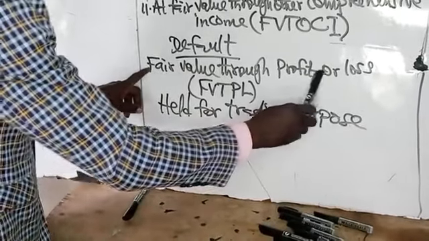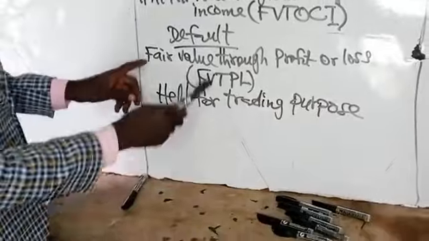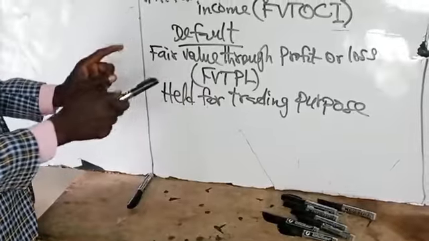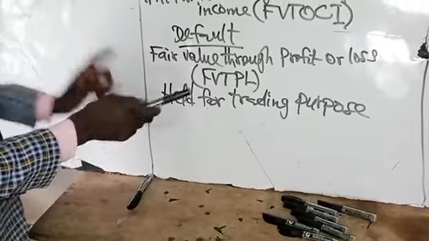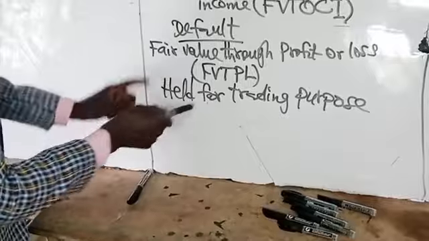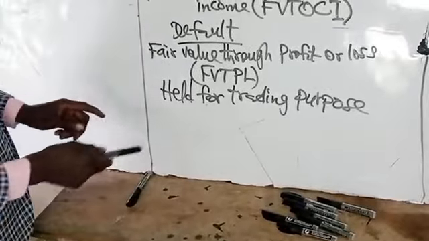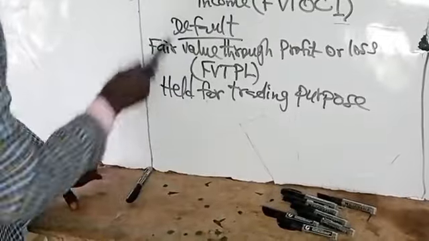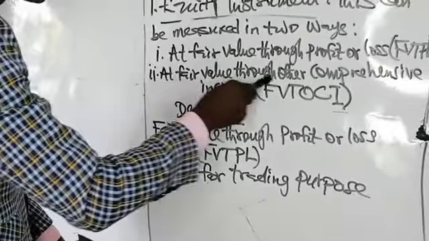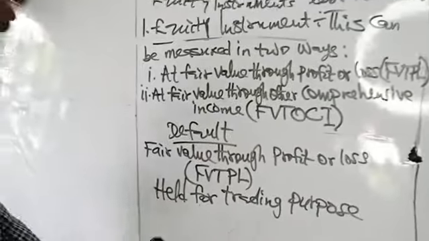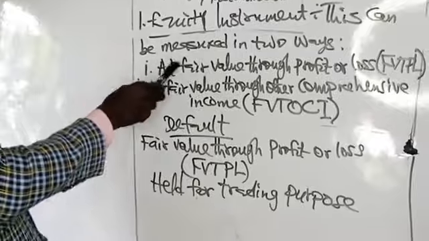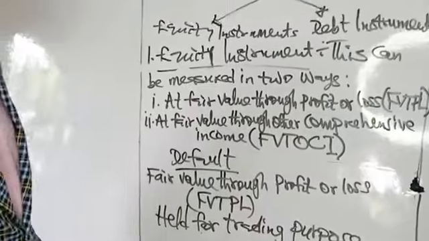That is, it will be recorded in the face of statement of profit or loss, not other comprehensive income, because it is assumed that the investment is held for trading purpose. But where the investment is designated at fair value through other comprehensive income, it will be stated in the question. But where the examiner is silent, you should know that it is fair value through profit or loss.